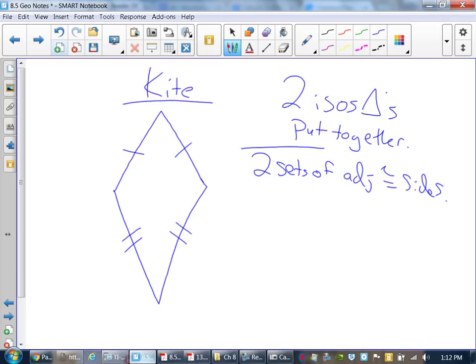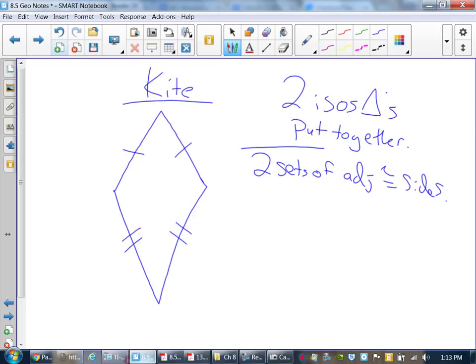And then go back, think about if sides are congruent in an isosceles triangle, the base angles have to be congruent, correct? So if you have 2 isosceles triangles put together, you'd have 2 different sets of congruent base angles. If I add 2 things together that are the same, they're going to give me 2 bigger angles that are also the same.